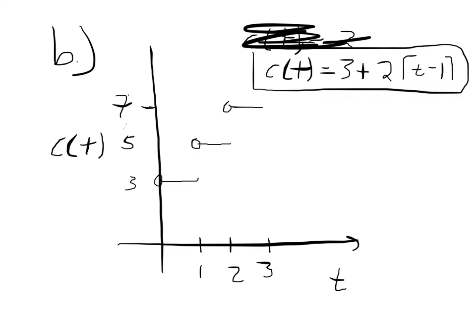So I get a rule basically thinking about what we just did with translating and stretching. I'm translating the original ceiling function up 3, and it's going to be a vertical stretch by a factor of 2, and I'm going to have a horizontal translation. But again, you didn't need to know all of that to get this done. You could try out different rules and see what you come up with. But that'll do it. That'll graph this.